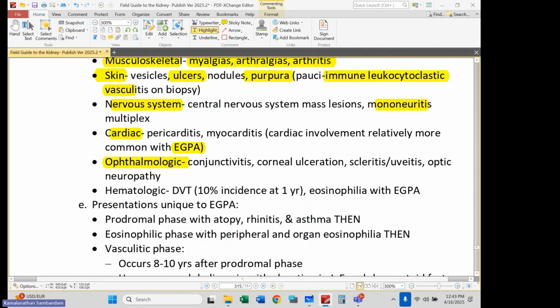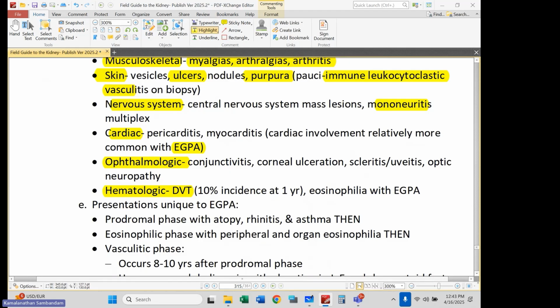We had an interesting case of someone who had a smoldering course, primarily manifesting with eye periorbital inflammation that was dragging on for years, and then ultimately started to develop renal manifestations later on. But that is a well-described presentation of these pauci-immune vasculitides.